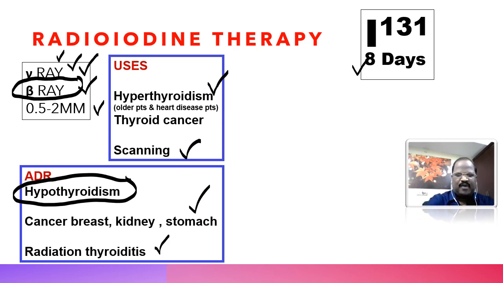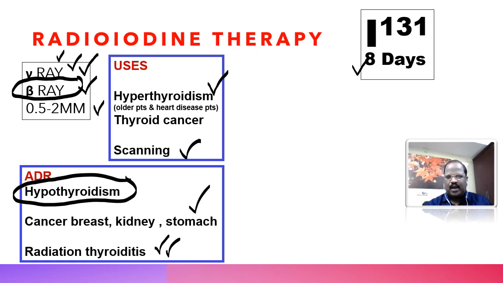It is a rare problem, but you should know about it. Anyway, the most important problem is permanent hypothyroidism. Second question, which organs may develop cancer due to radioactive iodine? Think of cancer of the breast, kidney and stomach.